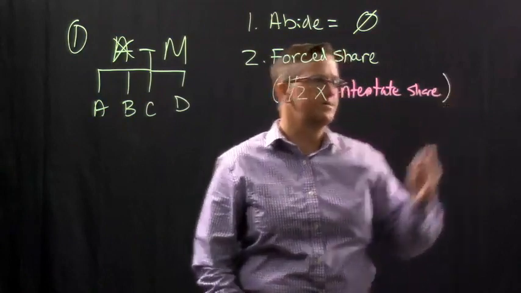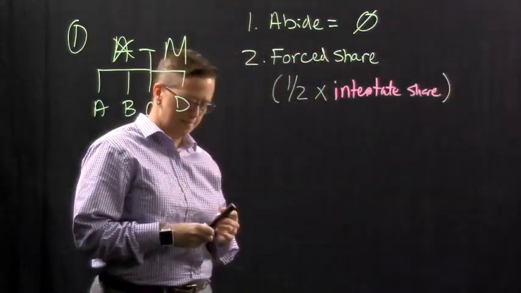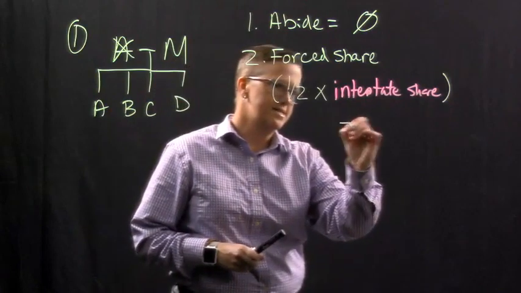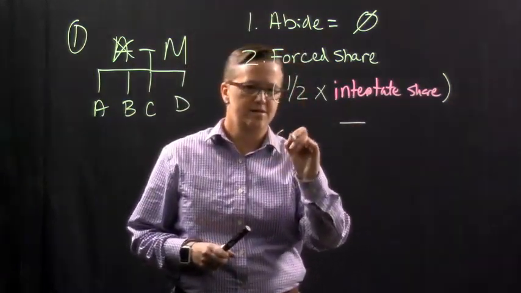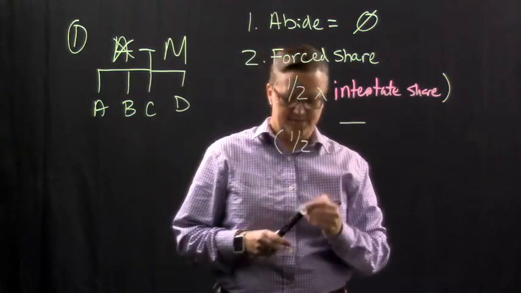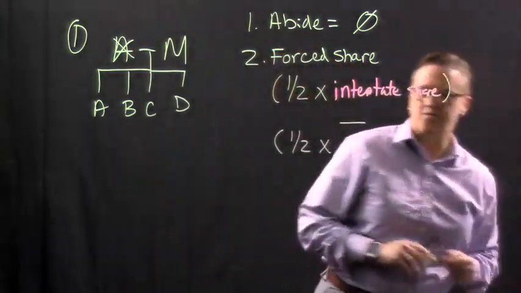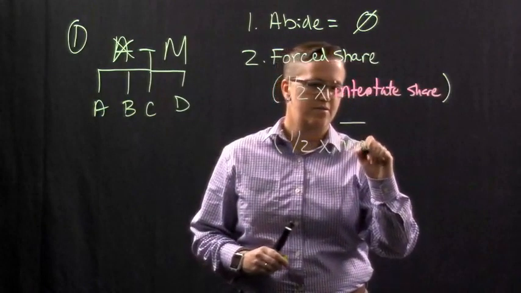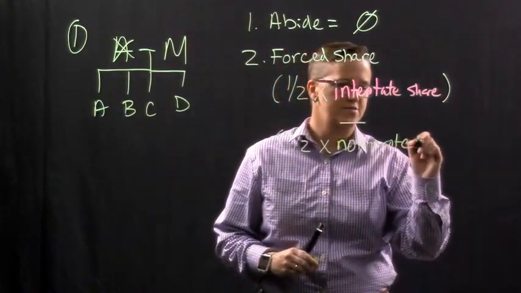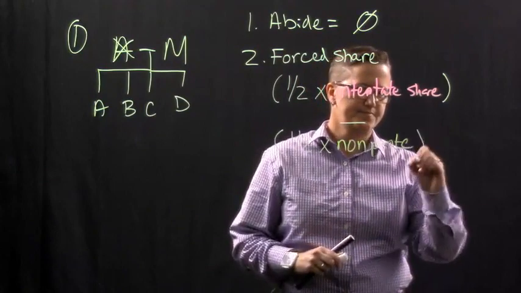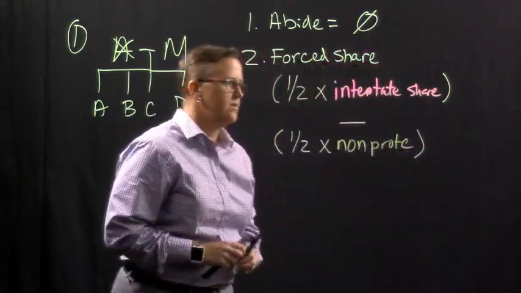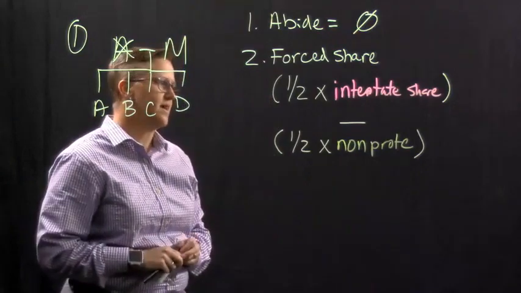So 1/2 times Mandy's intestate share minus 1/2 times what she received through non-probate transfers. So we'll do that in green. Okay? All right, so now we know that is the forced share calculation.